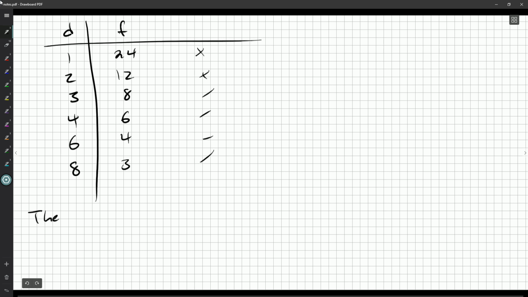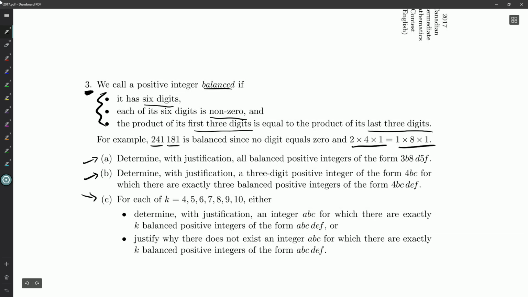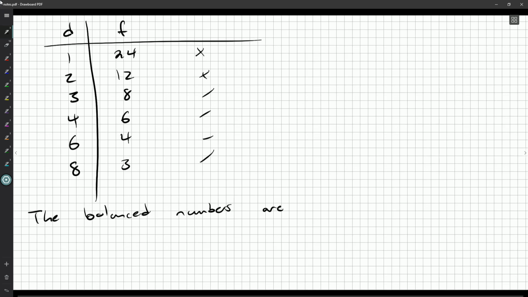So the balanced numbers are, do we want just the b, d, and f, or do they want all balanced numbers of the form? Okay, so 3, 5, 8 is not disputable. 3, 5, 8 if d is 3 and f is 8. 3, 5, 8, 4, 5, 6. 3, 5, 8, 6, 5, 4.